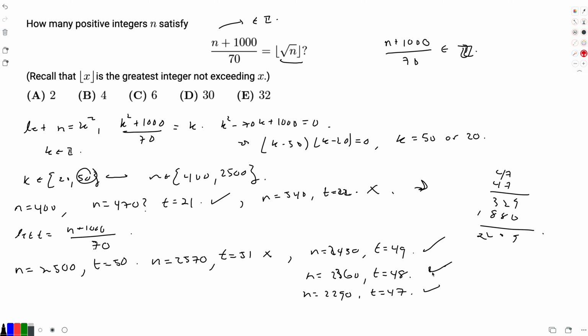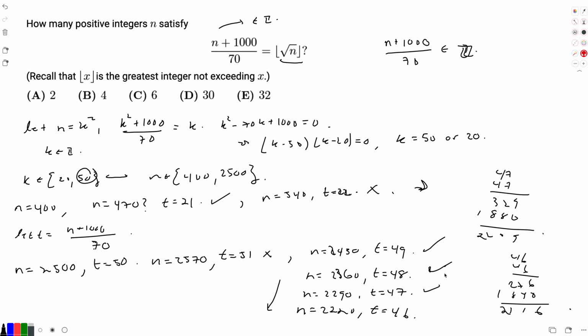But now we see that there's not too much of a gap, meaning we're closing in on our solution. The next one is 2220, which happens when t is equal to 46. Wait, hold on. What's 46 squared? It's 2116.